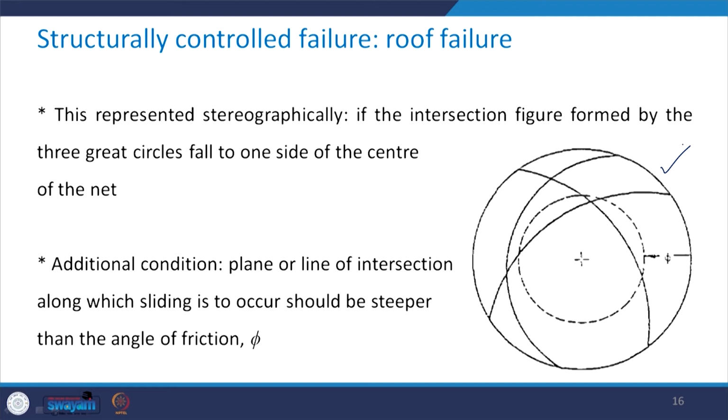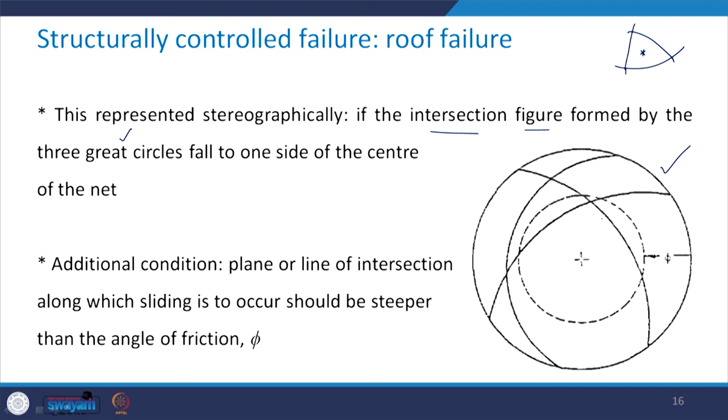If the intersection figure which is formed by these three great circles falls to one side of the center of the net... In the previous case, if you recall, this was the kind of intersection formed by the three great circles and the center was lying inside that intersection.